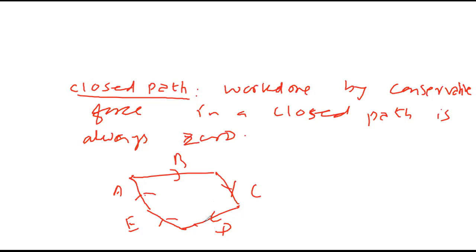Work done by conservative force in a closed path is always zero. See why it is like that. If this is positive, then its opposite here becomes negative and cancels out. In the same way, the downward and upward parts cancel out. So work done around a closed path is always zero.